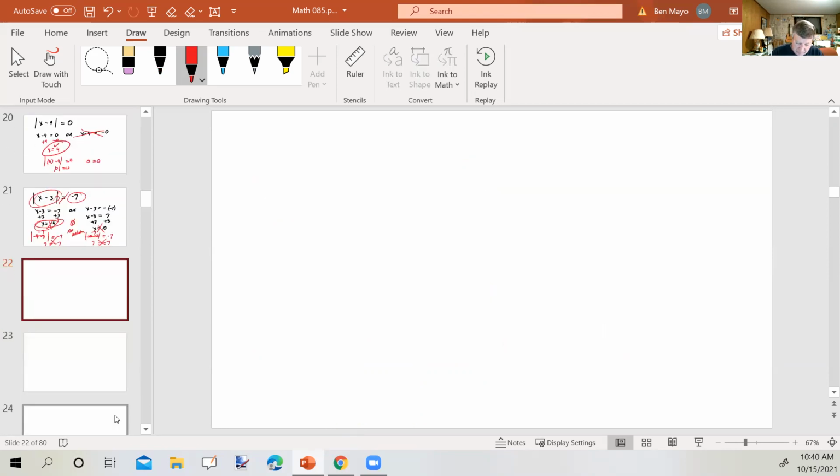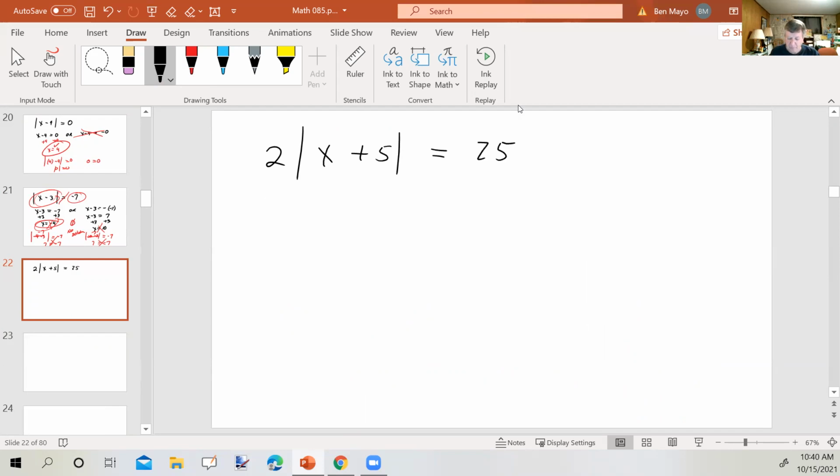Okay. Now, what if we have this situation? We have 2 times the absolute value of x plus 5 equals 25. Up until now, each of the examples I've given you had just an absolute value on the left side of the equation. But now we have an extra multiplier outside of the absolute value. Before you break it down into two separate equations, the first thing you want to do is isolate the absolute value.